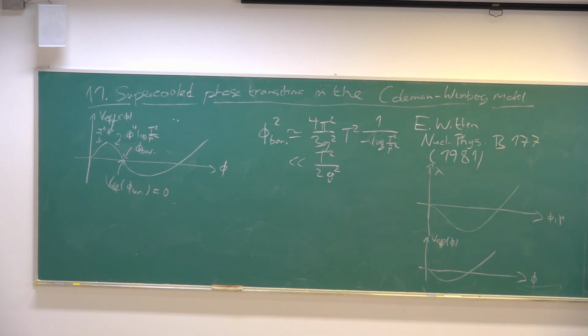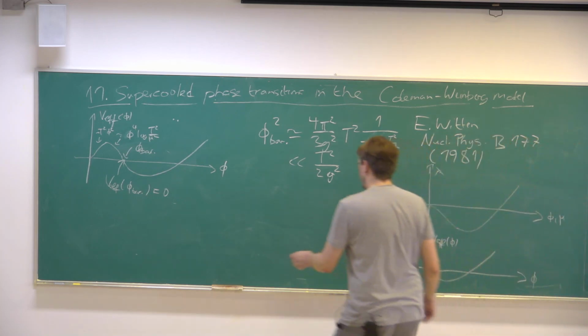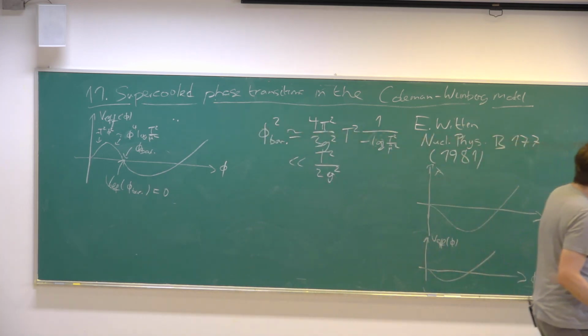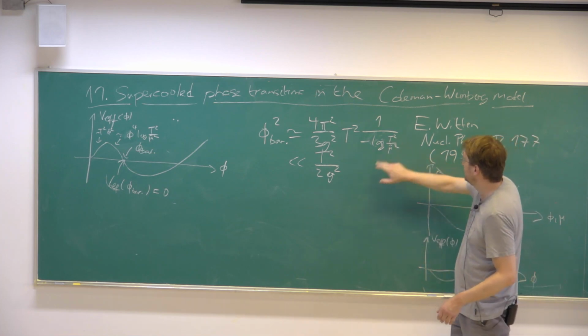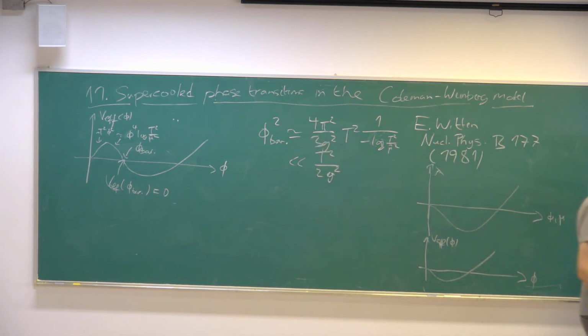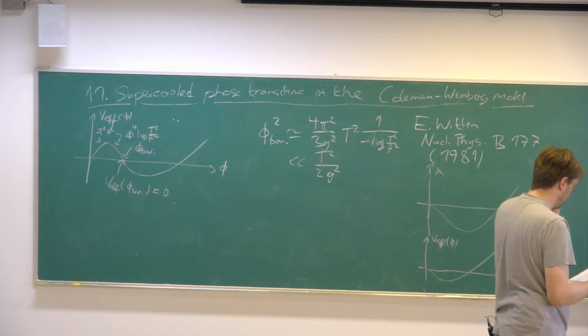It's not very difficult either, but because I want to do analytic stuff here, I want to use this approximation. The upshot is that if the phase transition takes place at sufficiently low temperatures, this condition is fulfilled, and I can use this approximation to the potential to calculate the bounce action.